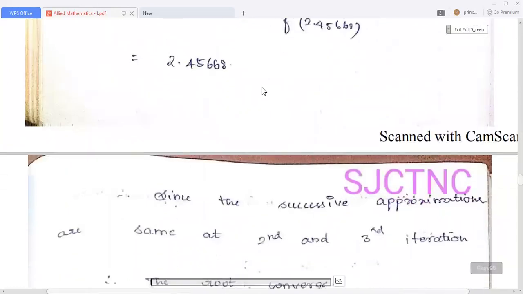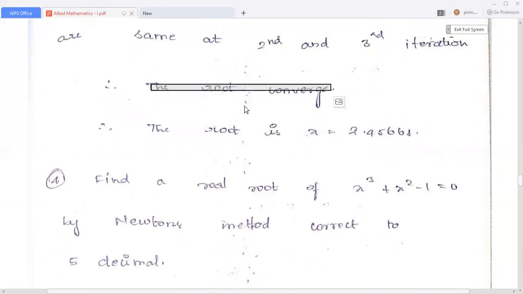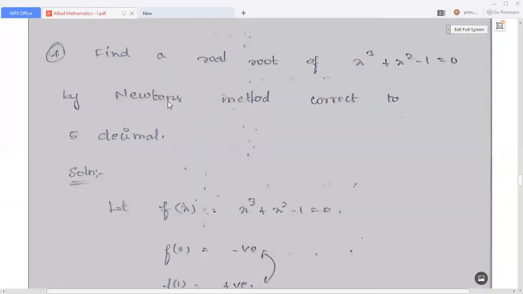The successive approximations are same at the second and third iterations, correct to 5 decimal places. Therefore, this will be the answer, x equal to 2.45668.